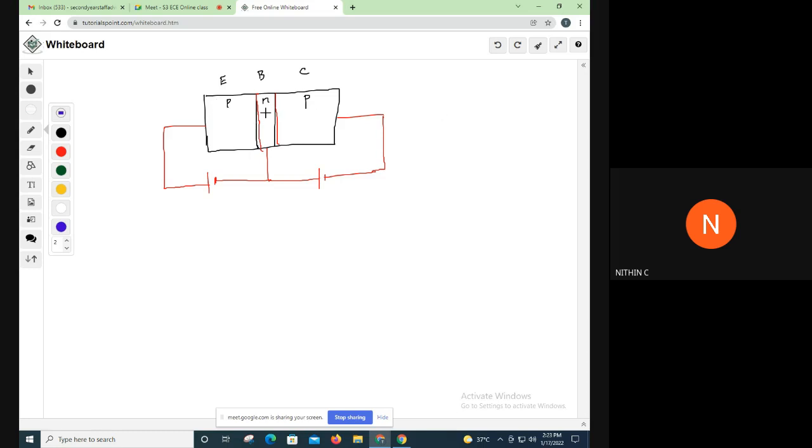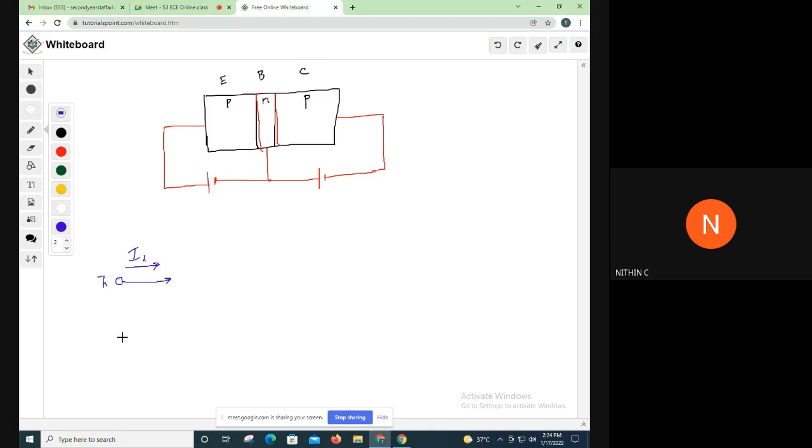So you clearly get a picture that the holes will be repelled by this positive terminal towards this side, so the holes will be moving in this direction and the current due to that will be in the same direction. The current due to holes will be in the same direction as the movement of holes.